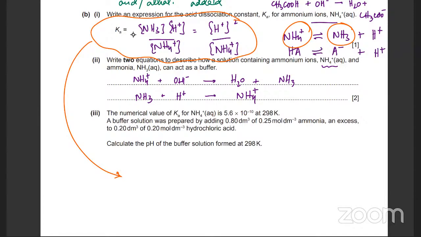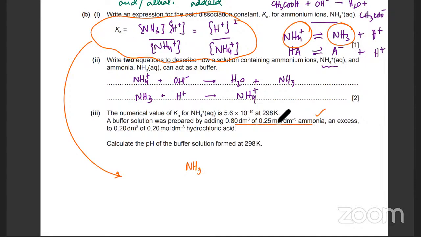And they've also given that a buffer solution was prepared. So remember, it's a buffer solution now. Now, there's a thing with the buffer solution, and that is that when you have a buffer solution, you have to calculate the pH of the buffer solution. So the K value is given. So the first thing is, he's saying that 0.8, can anyone tell me what the moles are? Ammonia. How many moles is this?